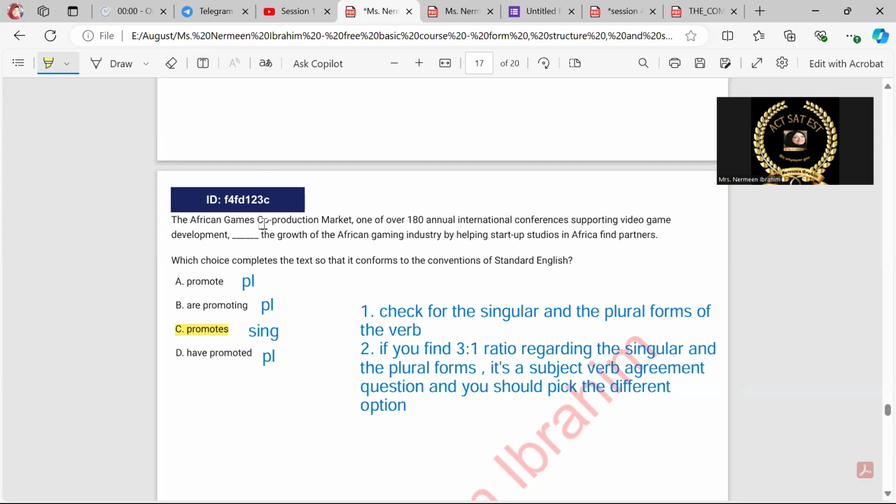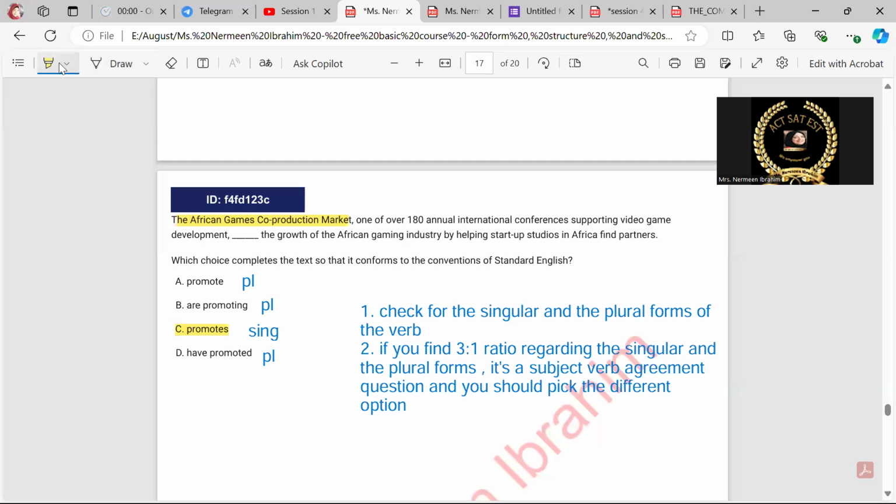Yes, dear. Can you read? The African Games co-production market, one of over 180 annual international conferences supporting video games development, promotes the growth of the African game industry by helping startup studios in Africa find partners.